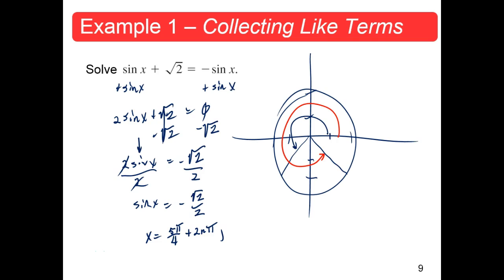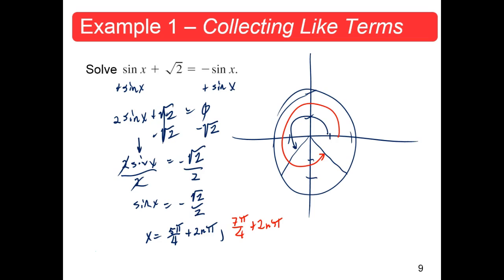What would be the red angle? 7 pi fourths. 7 pi fourths plus 2n pi. Here's how I think about it: all the way around would be 2 pi, but you're 1/4 pi short of that. So 8/4 pi minus 1/4 pi is 7/4.